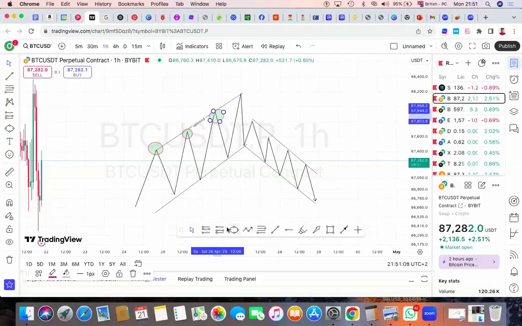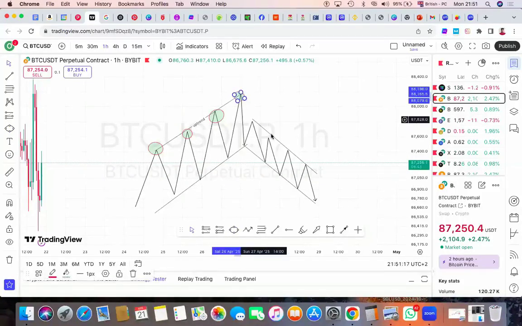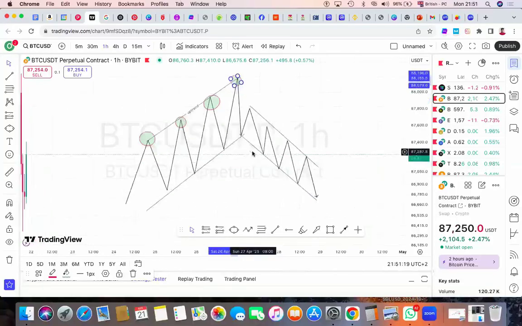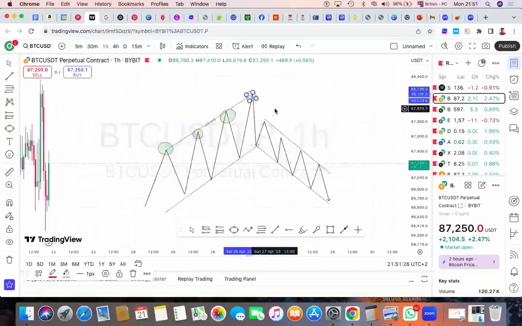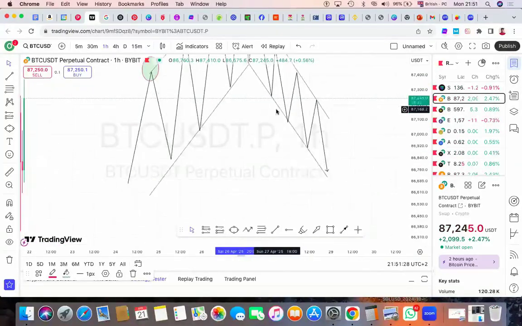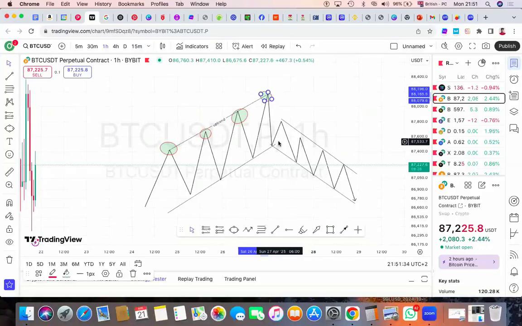I have up to about 4 touches. So at a point, what we saw is the market going downward. At what point did this market actually come down? So now, this is not a perfect drawing. Yeah, at a point we saw this market.